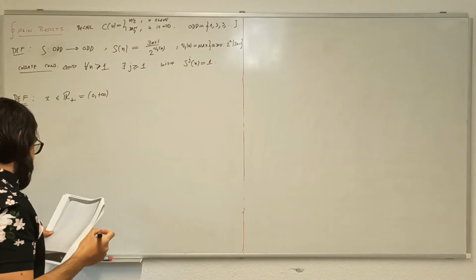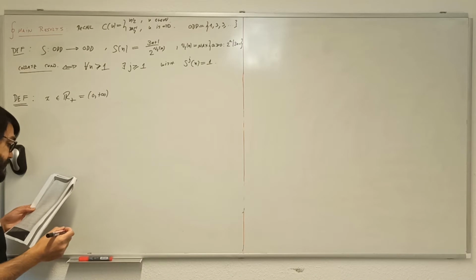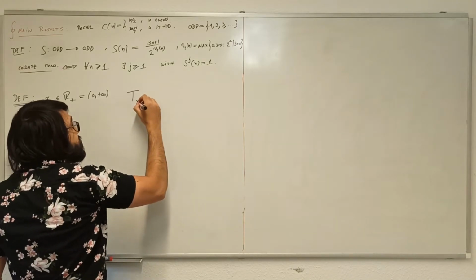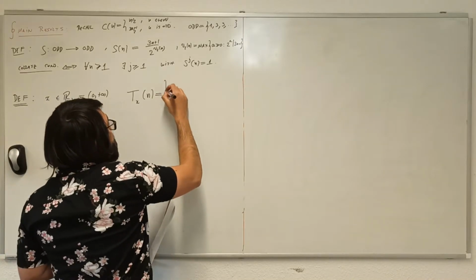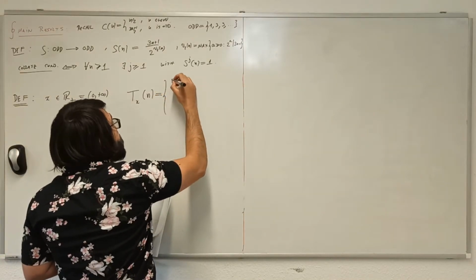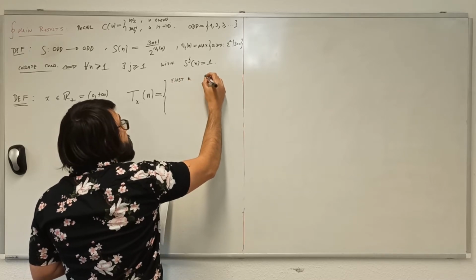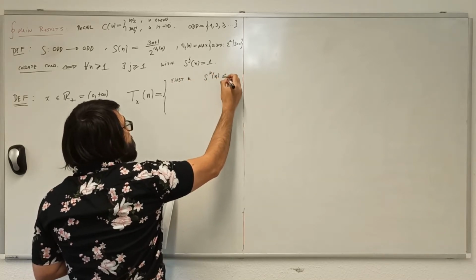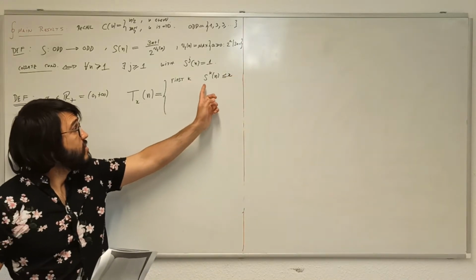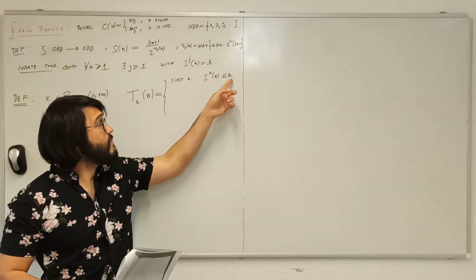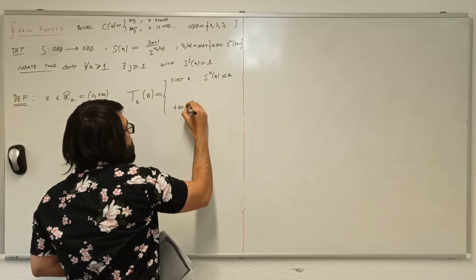So for any x, I will define this function here, which will be the first k such that s^k(n) is less than or equal to x. So I'm taking the first guy such that once I'm iterating s, it becomes less than or equal to x. But if that guy doesn't exist, I just put plus infinity.